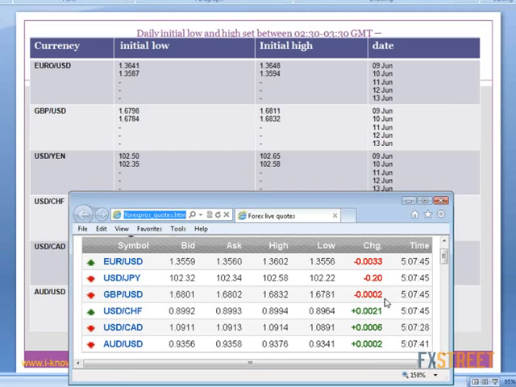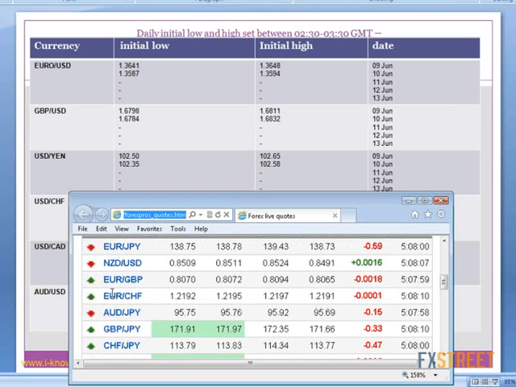So when GBP has made a lesser drop when compared to euro, what happens? GBP is relatively strong in the 1 hour time frame, and euro is slightly weaker. In that process, when GBP becomes strong in the euro GBP cross, the euro GBP cross comes down.